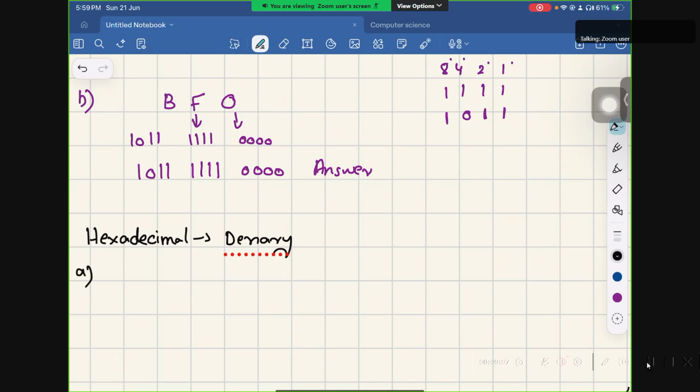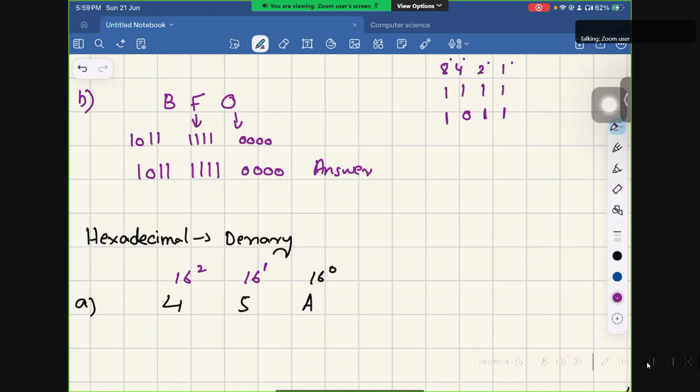We have 4, 5, and A. As you know, hexa uses 16 as its base. So we are going to use the power of 16 over here. 16 power 0. Now we are going to increase the power of 16, 16 power 1, and 16 power 2. If you have more digits, you can increase the power to 16 power 3 as well.